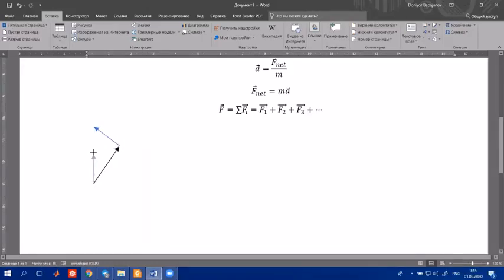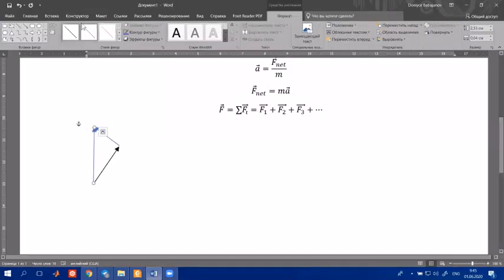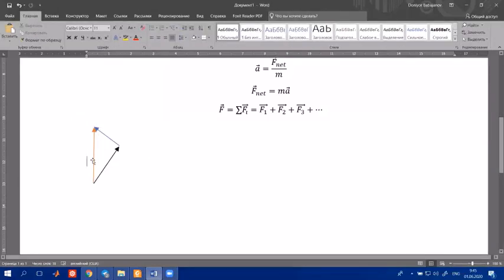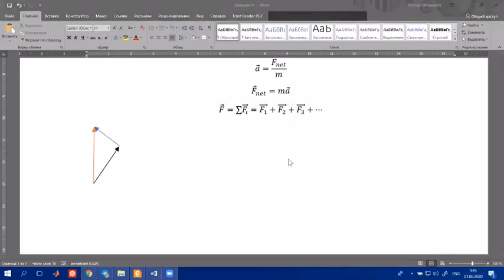Then the sum of these two vectors is, we draw a triangle, we connect the beginning of the first vector with the end of the second vector. So this orange is the sum of these two vectors, black and blue. This is called triangle rule.